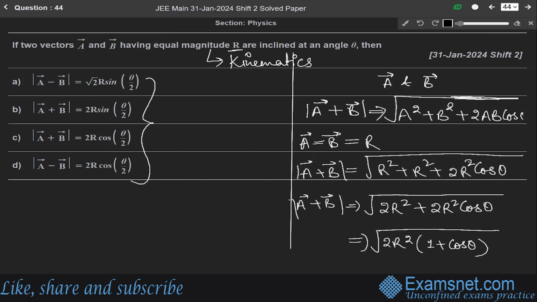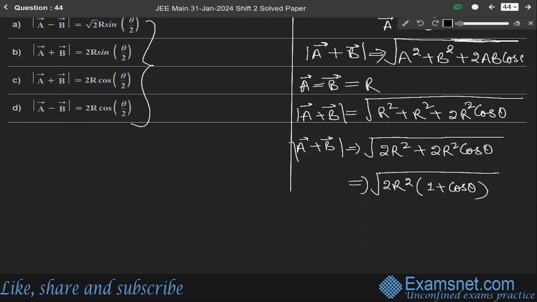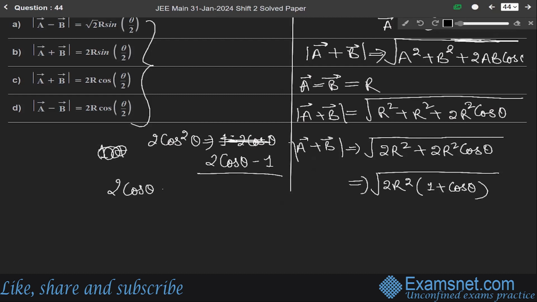And we know the formula that 2 cos square theta is equal to 1 plus cos 2 theta. So cos 2 theta is 2 cos square theta minus 1.